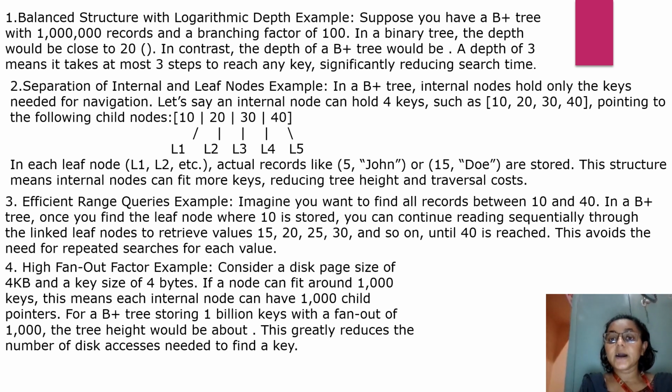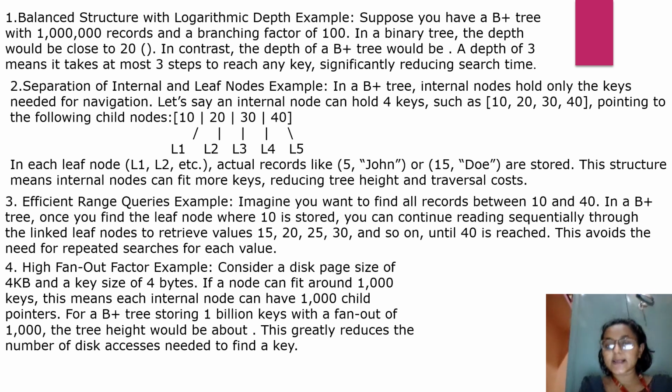Here we observe a tree with internal nodes 10, 20, 30, 40, and in each leaf node, L1, L2, etc., the actual records like 5, John or 15, Doe are stored. This structure means an internal node can fit more keys, reducing tree height and traversal cost.